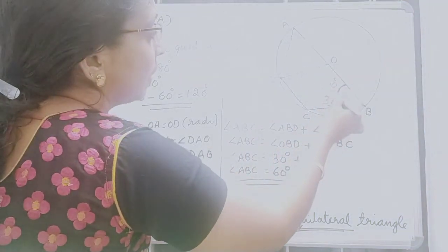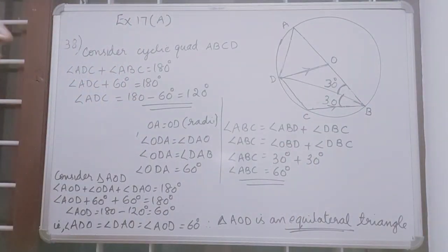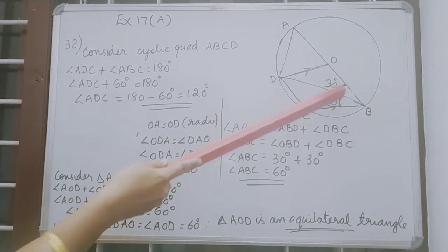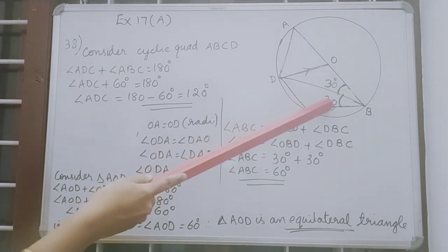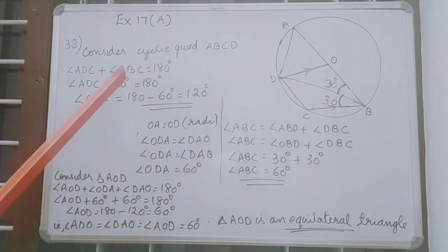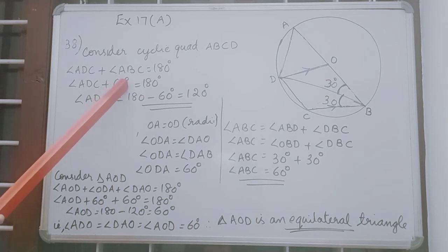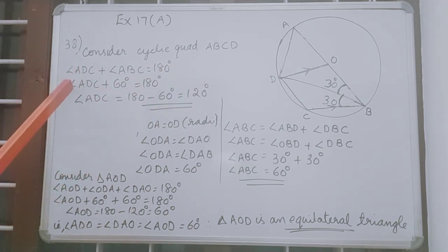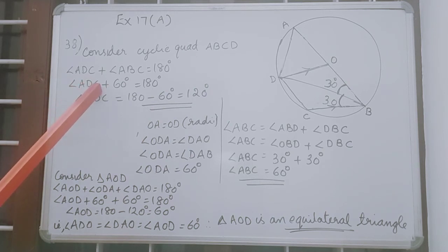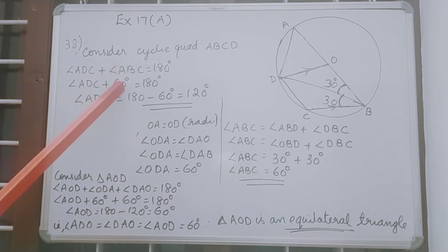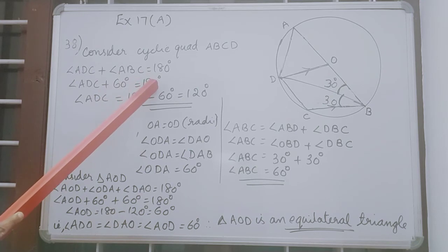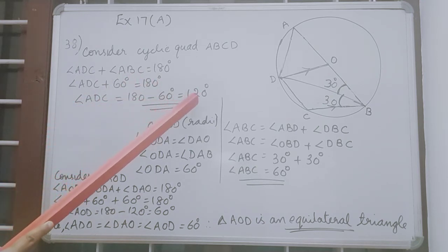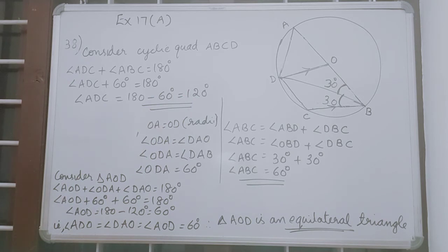So the whole angle ABC will be the sum of these two, that is 30 plus 30, that is equal to 60 degree. So I think it is clear. So angle ADC plus ABC we can write as 60 degree is equal to 180 degree. So angle ADC is equal to 180 minus 60 is equal to 120 degree.